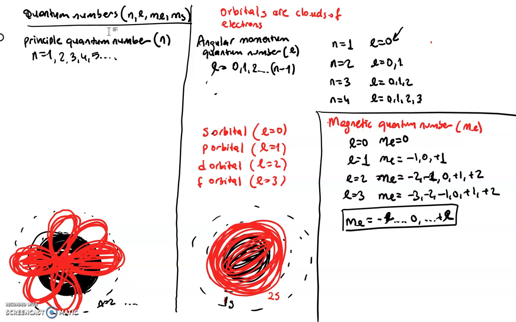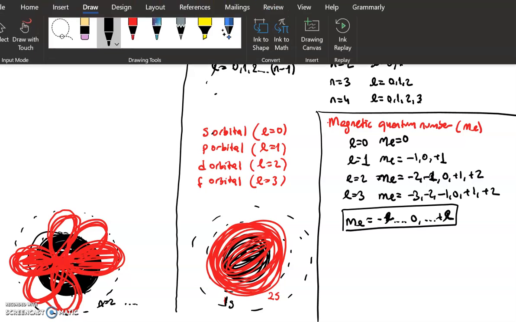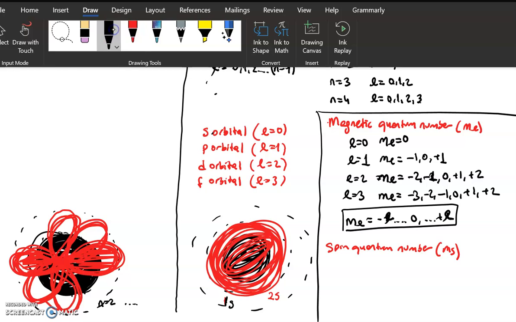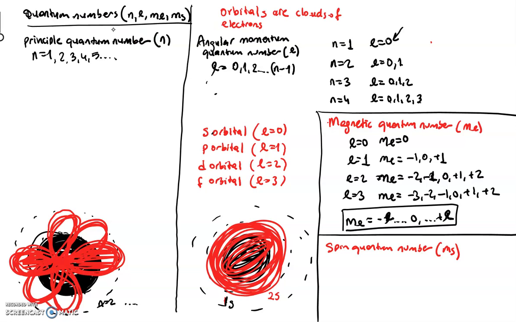So now I'm going to talk about the spin quantum number, mS, which is very easy. All right. So we get the principal quantum number n, which is letting us know how far.